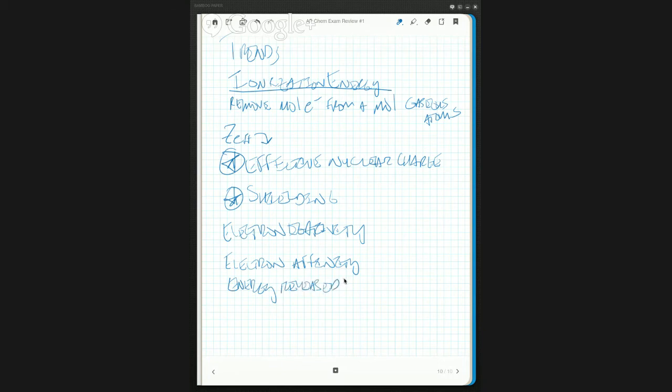Energy released when atom gains electron. Okay. It has the same trend as electronegativity and ionization energy. It's just spoken of a little bit differently.